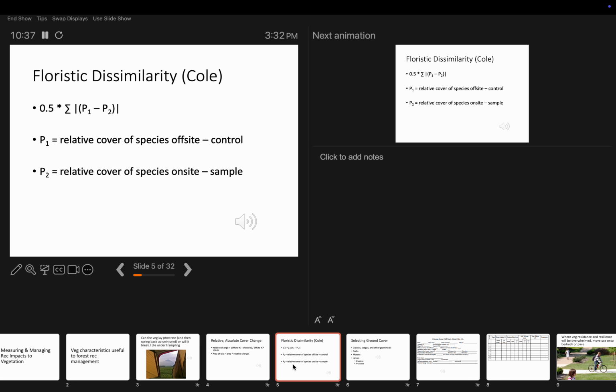and that gets inputted onto a map as a point value, and then we do this at all of the campsites, and we get a point value for each of those pixels on the raster grid of the map of our national park, and then we interpolate the floristic dissimilarity to fill in the gaps between those points. And that's a method called Kriging, spatial interpolation. What that does is it lets us measure a bunch of campsites and a bunch of control sites and not have to measure the whole place.